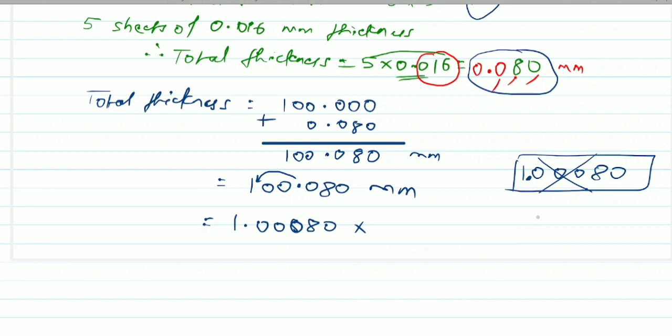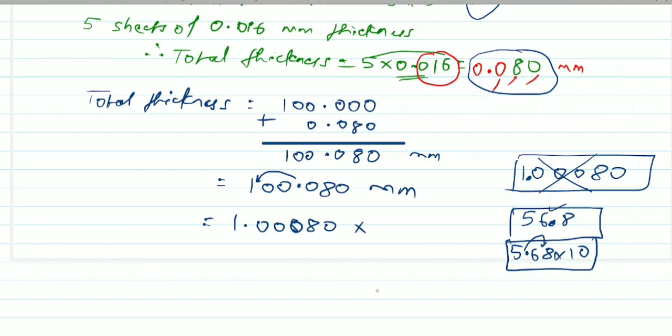Okay, see how can I write 56.8 as 5.68 into which number? What do you think? 56.8 can be written as 5.68 into 10, because if I multiply it by 10, the point will shift one digit to its right and I will get the answer 56.8.